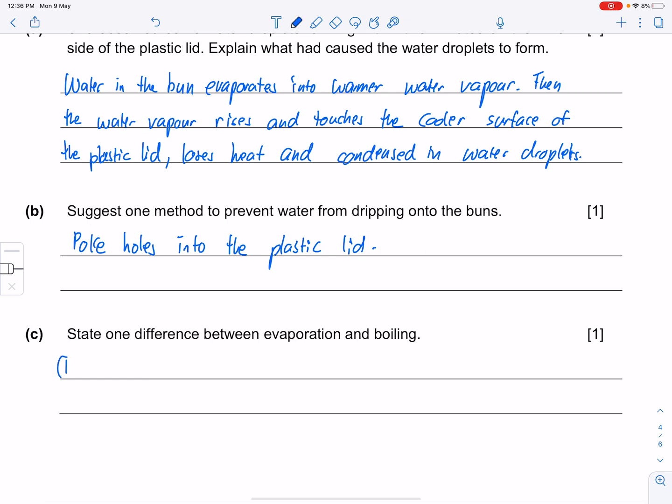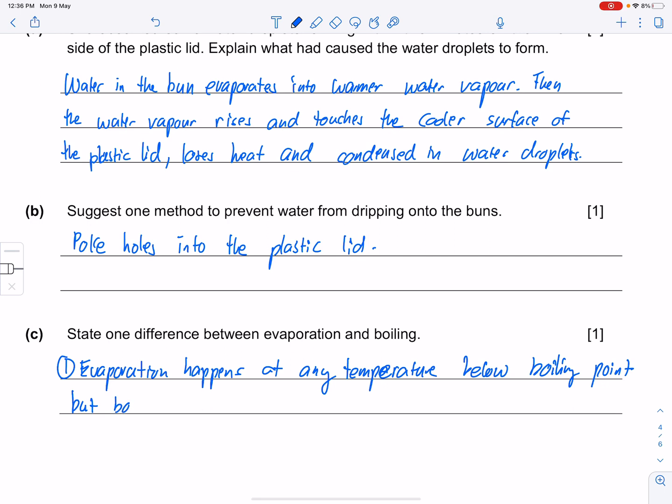The first thing would be: evaporation happens at any temperature below boiling point, but boiling happens only at boiling point. So BP stands for boiling point.